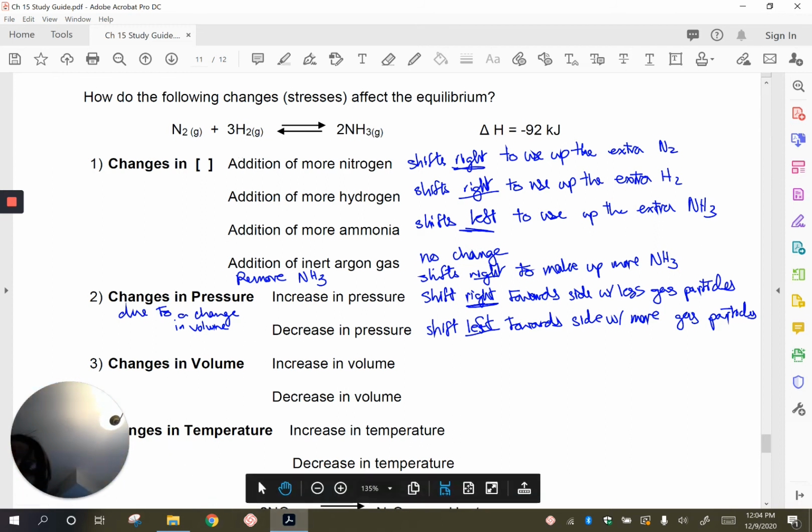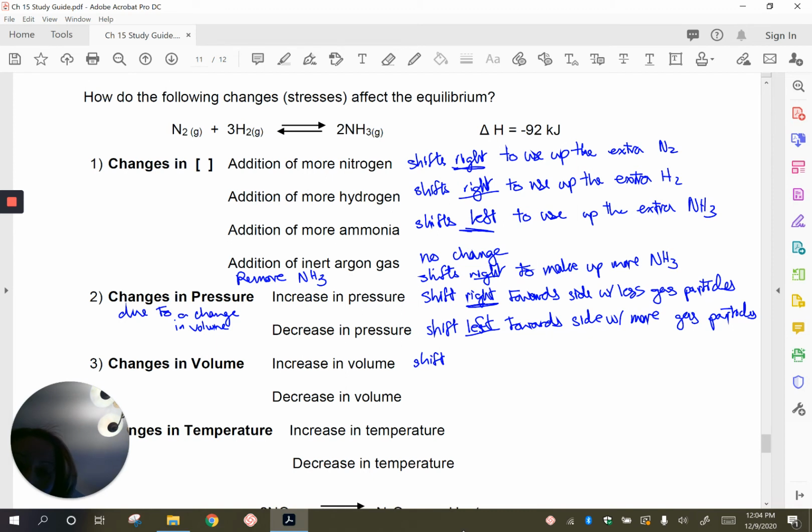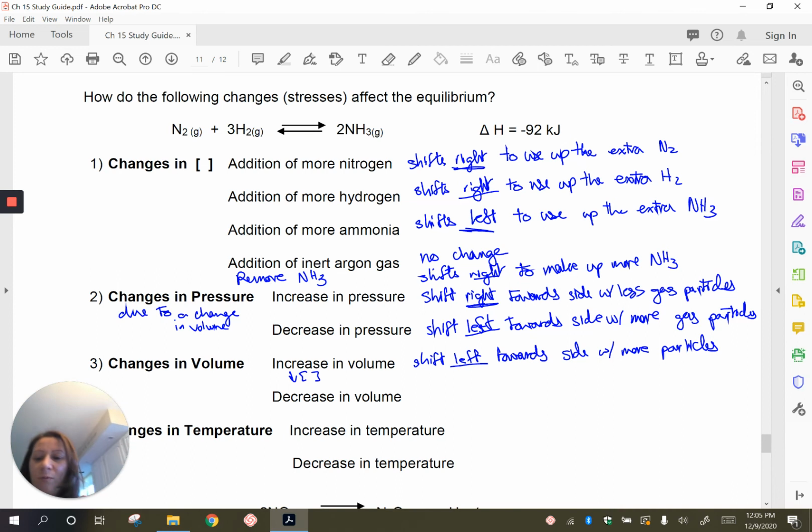So this would shift left, towards the side with more particles. If I increase the volume, that means I've decreased my concentration. That's why it's going to go to the side with more particles.